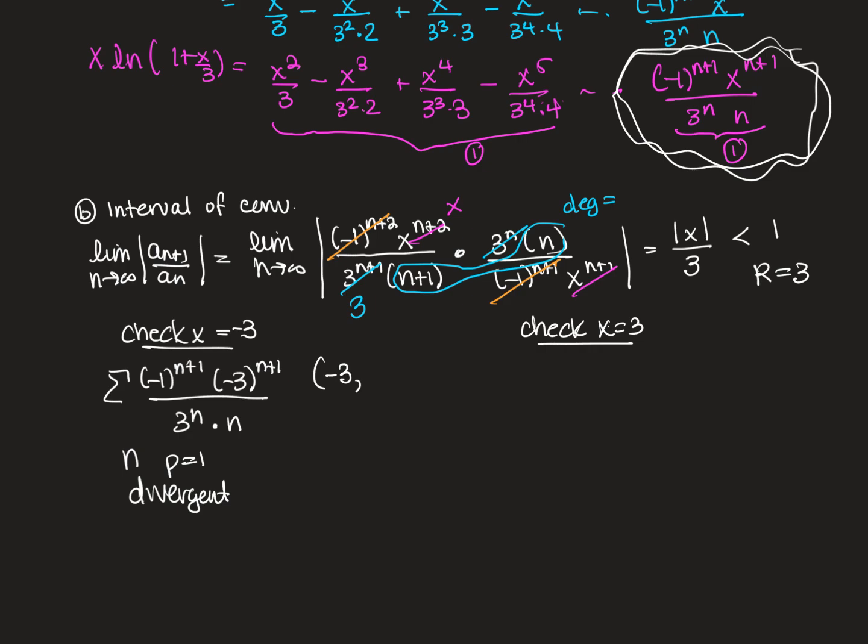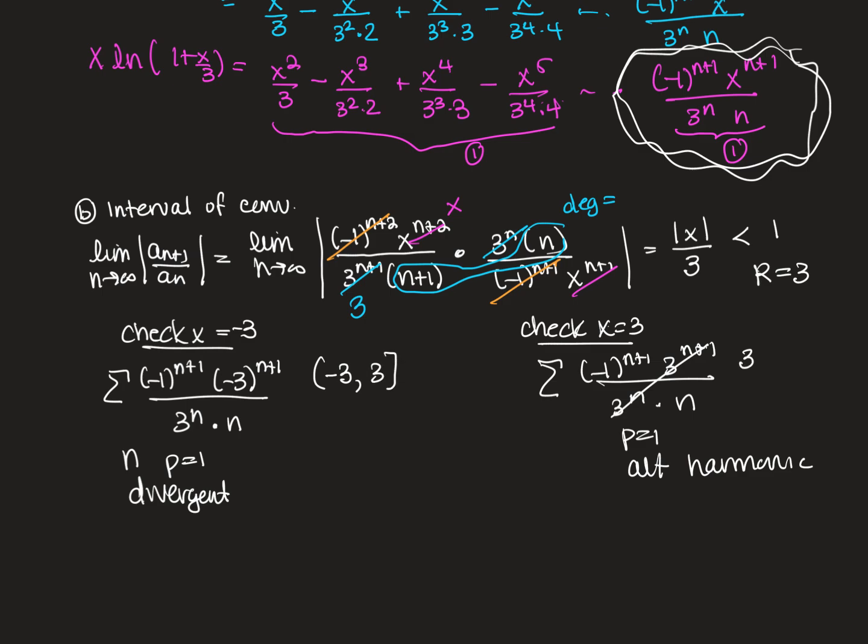At 3, when we plug that one in, you can see that now this is a p equals 1, and it's going to end up alternating because these are just going to be off by 3. So that will converge. And then lastly, part D. And notice this is an alternating series.